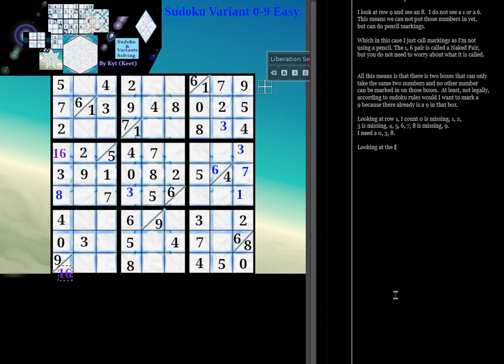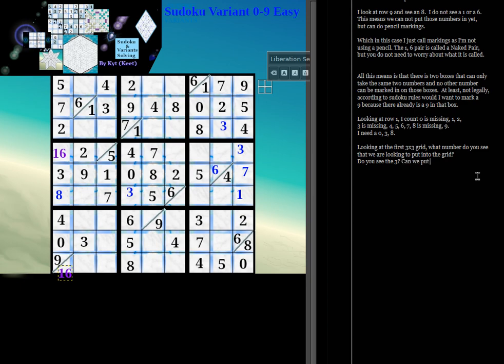Looking at the first 3x3 grid, what number do you see that we are looking to put into the grid? Do you see the 3?